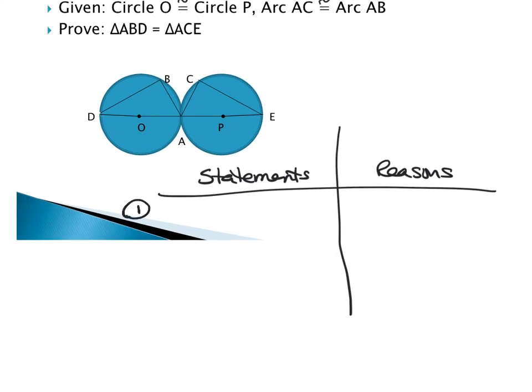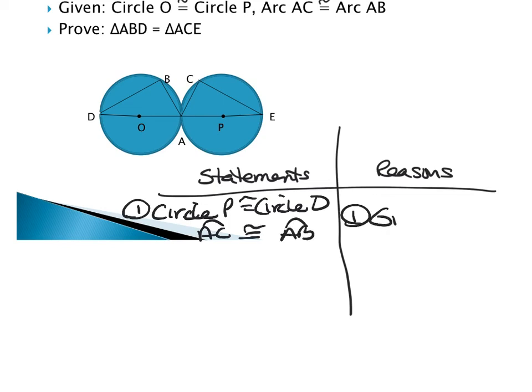So number one, I'm going to say that circle P is congruent to circle O, and that arc AC is congruent to arc AB, and that was given to me.